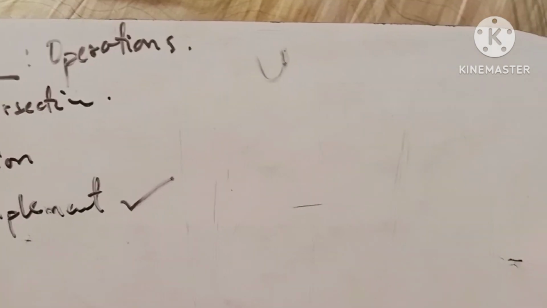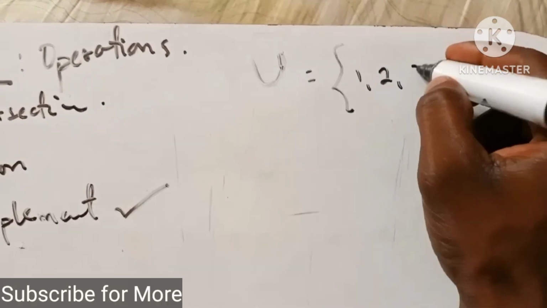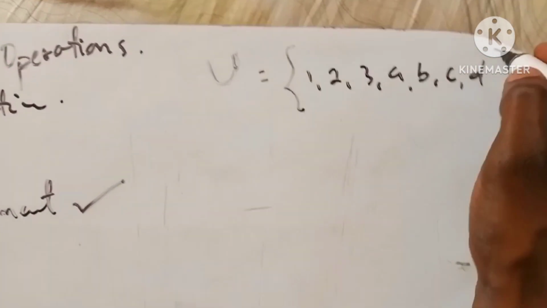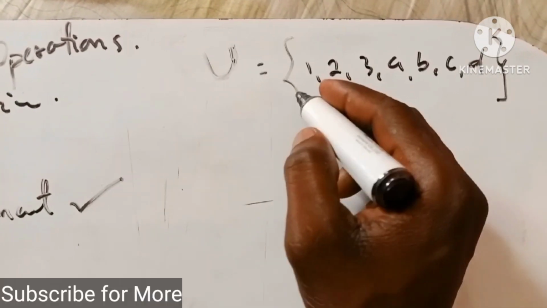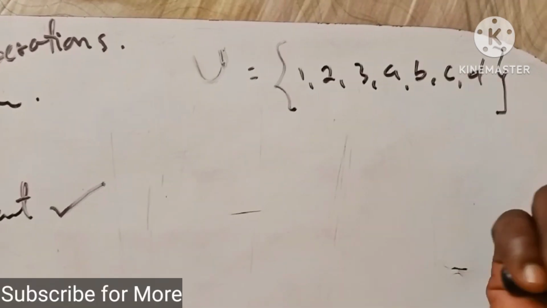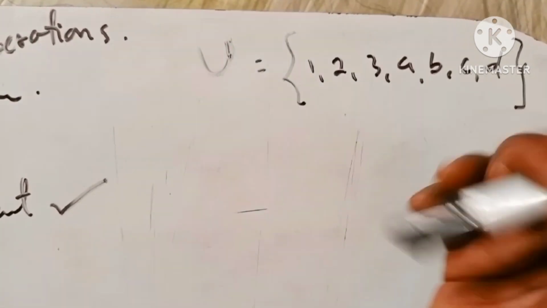Let's say we have the universal U equal to something that goes from 1, 2, 3, A, B, C, maybe D, right? So anything being combined together. So this is the universal, meaning that these people are inside the house. We don't know where you are located in the house. We don't care about that. All that we know is that you are inside this house by name.